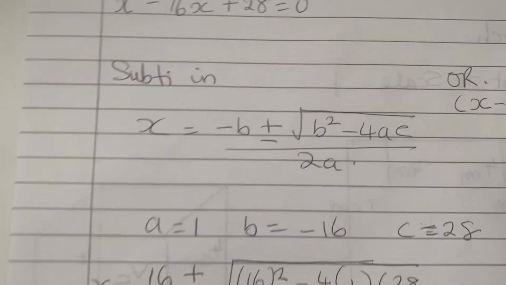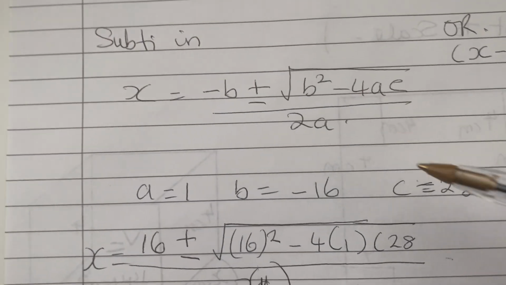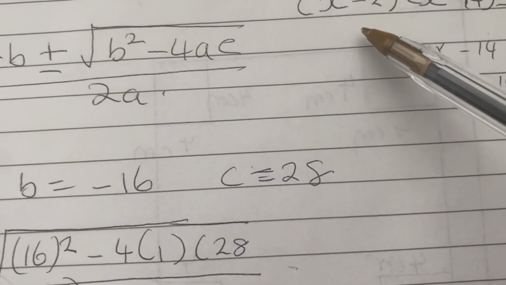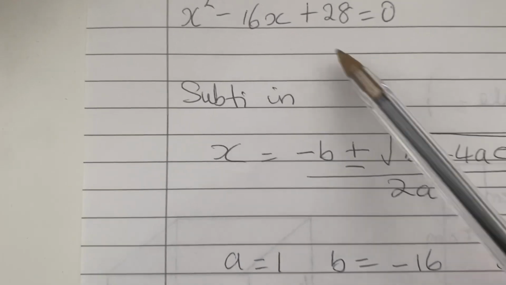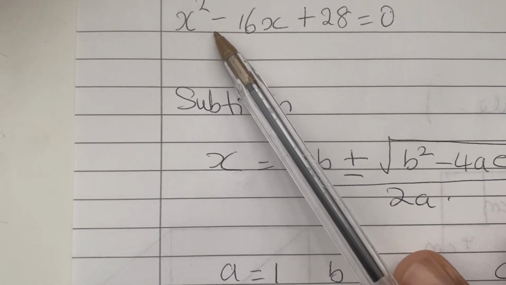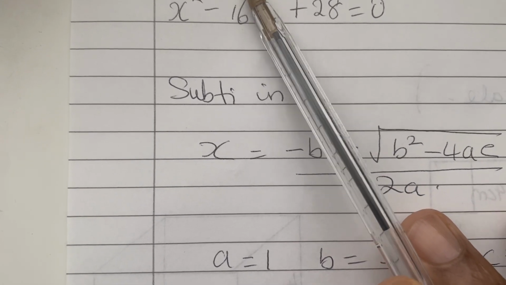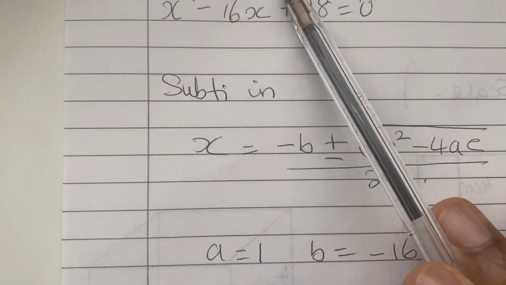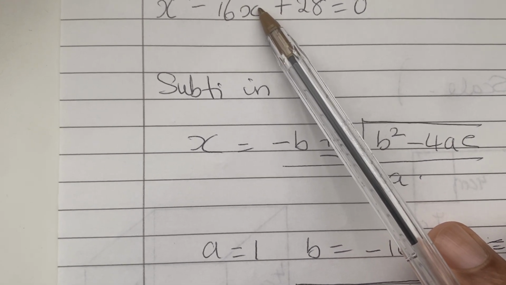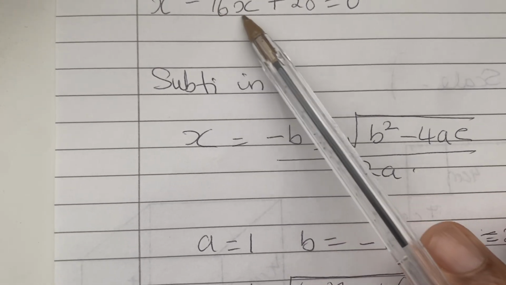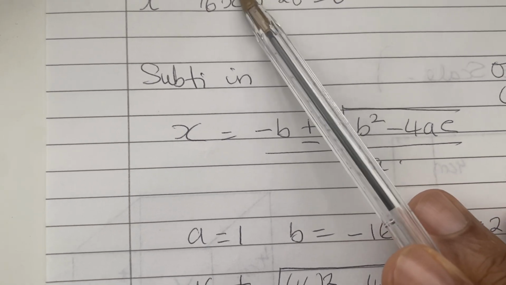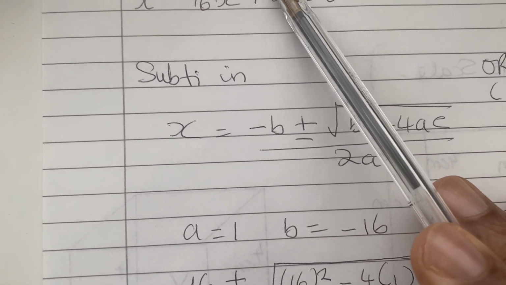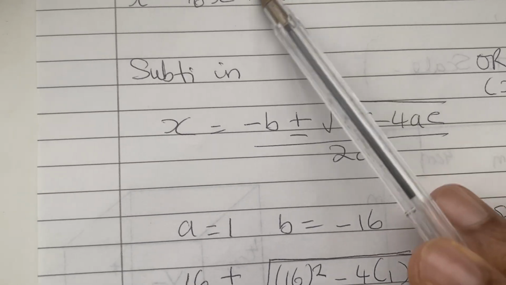So now we have the quadratic equation. We can solve it as this: x minus 2, x minus 14. Because if you look at the equation carefully, and I choose minus 14x minus 2x, we are going to get minus 16. Now minus 2 times minus 14 will give us plus 28.